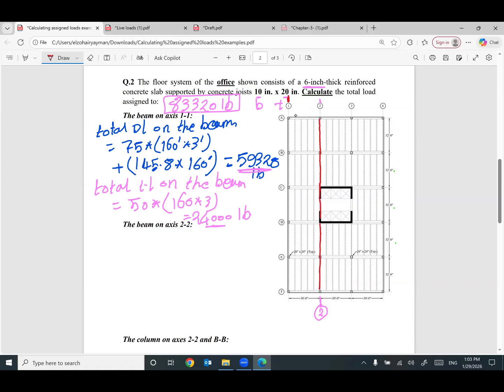This beam should be here as well. So this beam will have from the center line from this side and the center line from the other side. So this is the total area assigned to this beam.